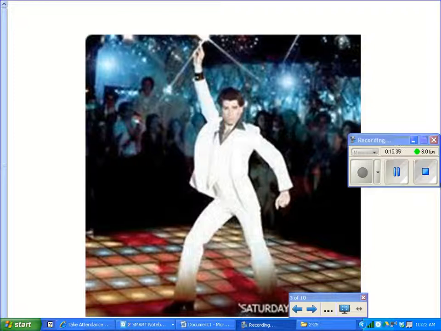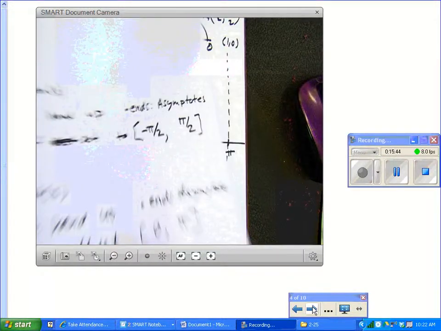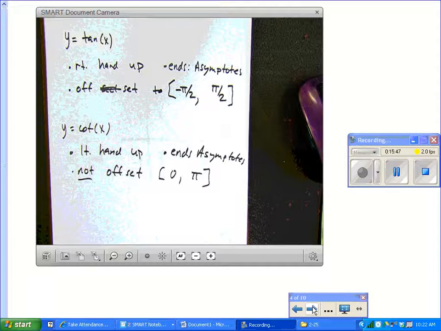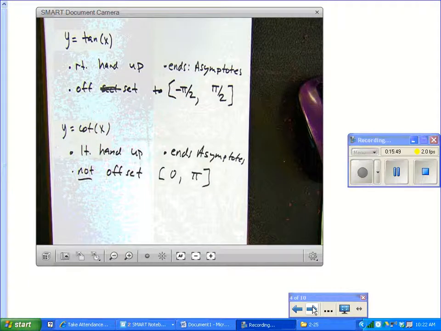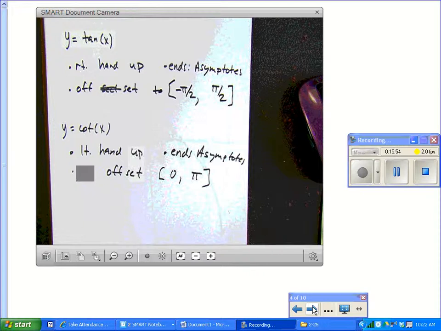So I put a little summary for you right here. Let me switch it back over. When I've got tangent, this is what I remember: right hand up, like John Travolta all posed, right hand up, left hand down.